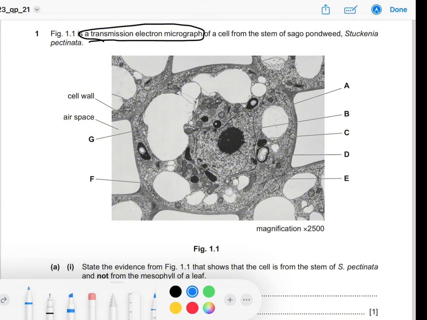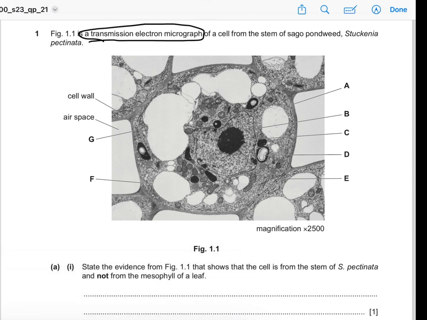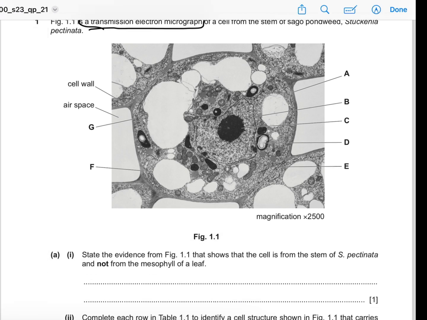For now, that's what we are going to use to distinguish. So here you don't see any chloroplasts in the electron micrograph, which is why we know that this is not a mesophyll cell.